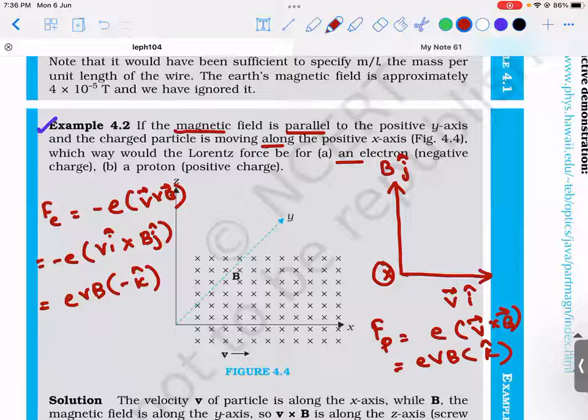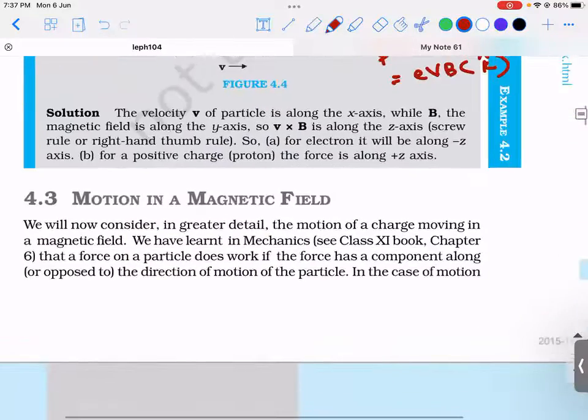So the proton will experience a force in the positive z direction and the electron will experience a force in the negative z direction. Okay. Next.